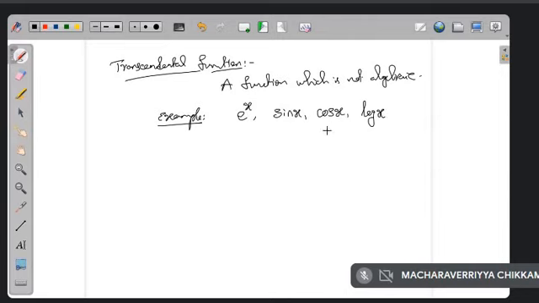All these functions we call transcendental. But not only these; these are just some examples. I'm not listing all transcendental functions. You can take tan x, tan inverse x, sin inverse x, and so on. It means there are many; it's not a finite list.